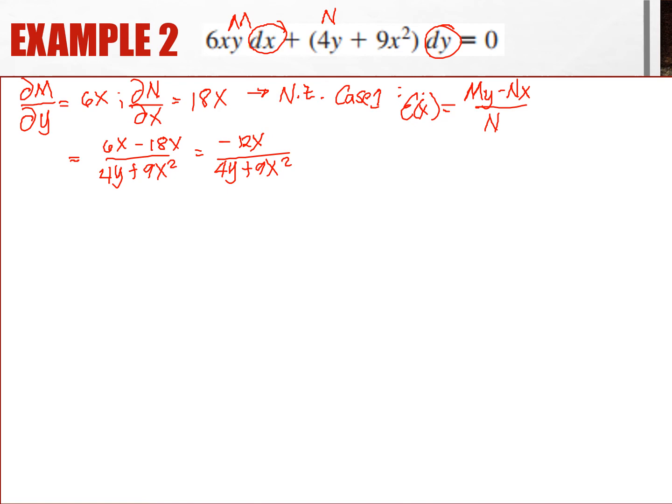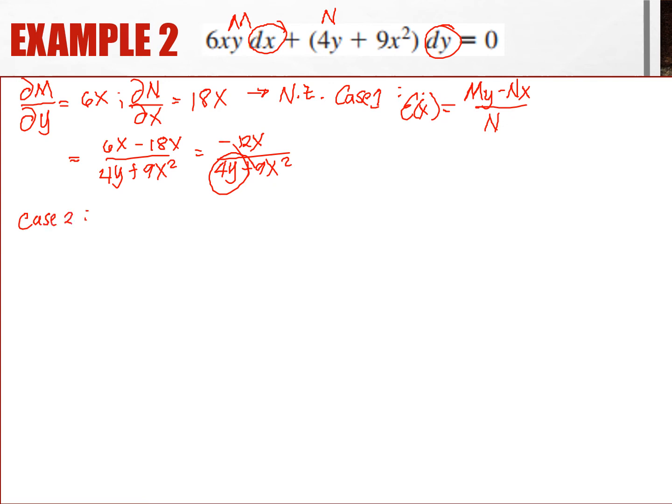Now, as we can see, this is very hard to solve as an integrating factor because it has y in it. So case 1 is not possible. So we try case 2.